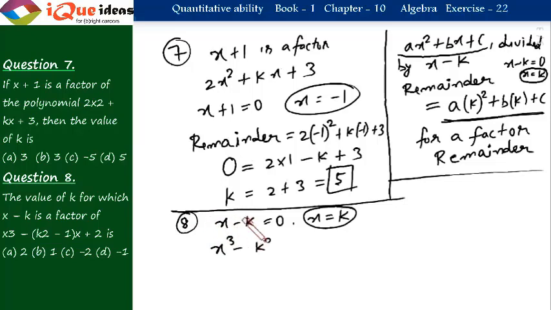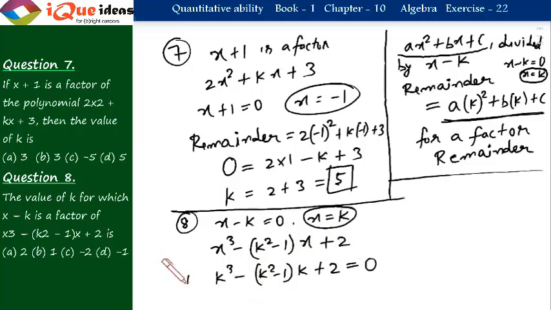The given expression is x cube minus k square minus 1 into x plus 2. Now put x equal to k, so it will be k cube minus k square minus 1 in the bracket into k plus 2. And this remainder has to be equal to 0. So we have calculated the remainder and this should be equal to 0.